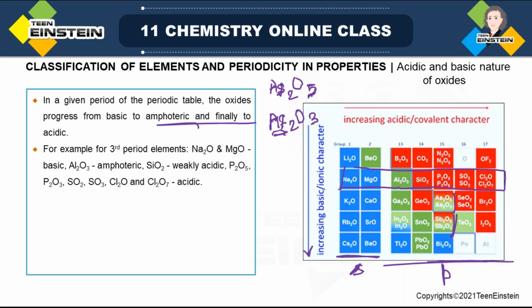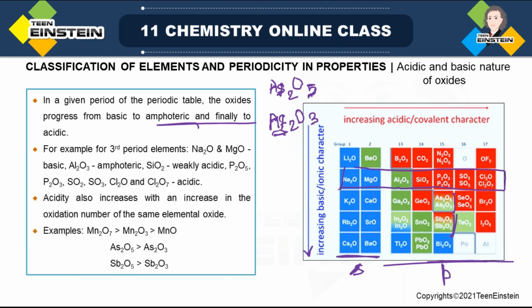Then P2O5, P2O3, and all these different oxides of sulfur, phosphorus, chlorine are acidic in nature. Acidity, as I have already mentioned, also increases with an increase in the oxidation number of the same element's oxide. This one, because of its high oxidation state, +5, is more acidic. This is not so acidic.